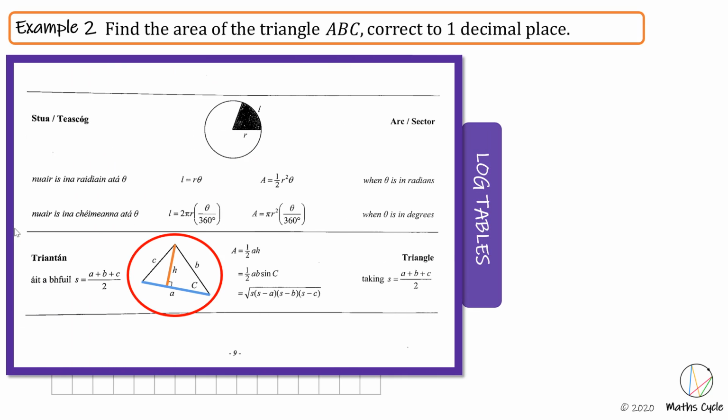And we can see here from our diagram that we do have the option of the base by the perpendicular height. But if you don't have the perpendicular height, what we can do alternatively is look at two sides of the triangle and the angle in between those two sides.